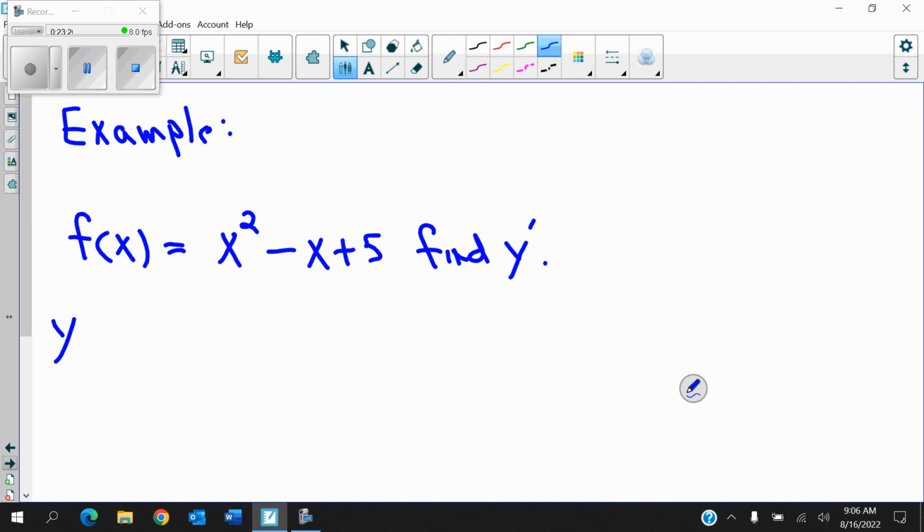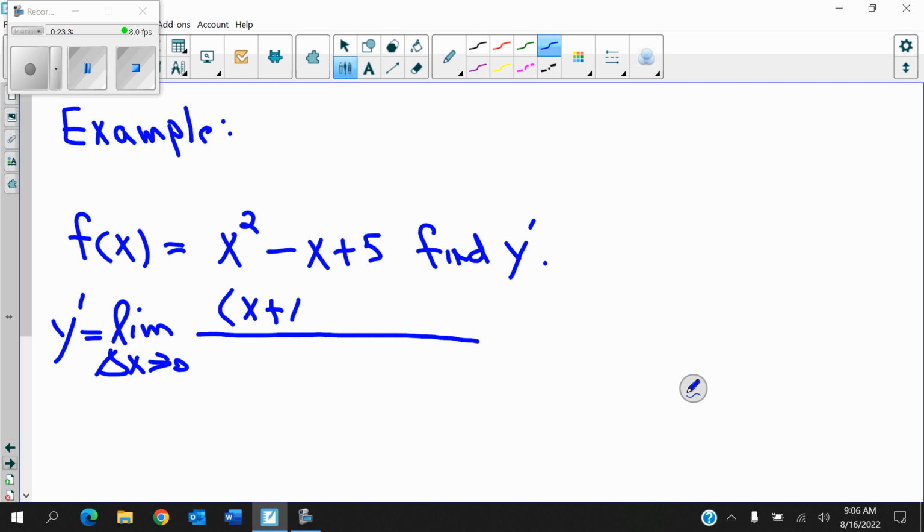Start off with y prime equals the limit as delta x approaches 0 of x plus delta x squared minus x plus delta x, not squared, plus 5 all over delta x. Once again, the delta x must cancel somewhere along the line.